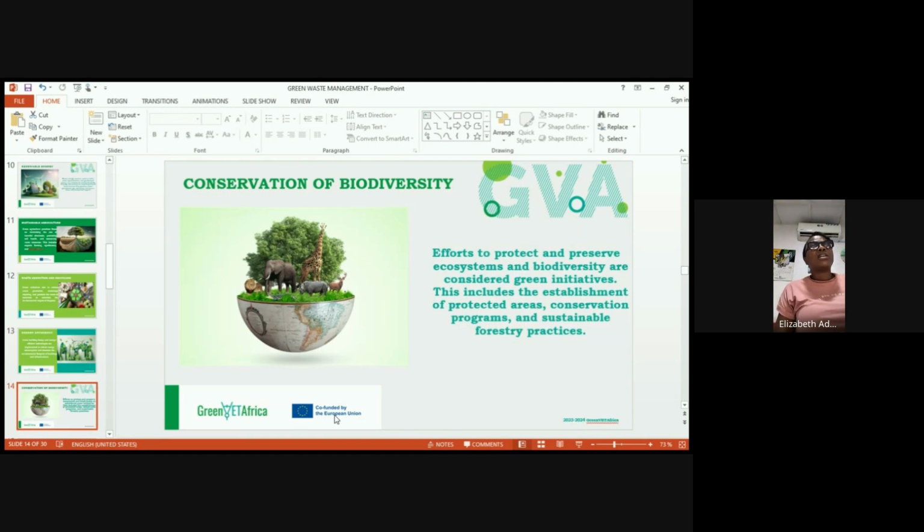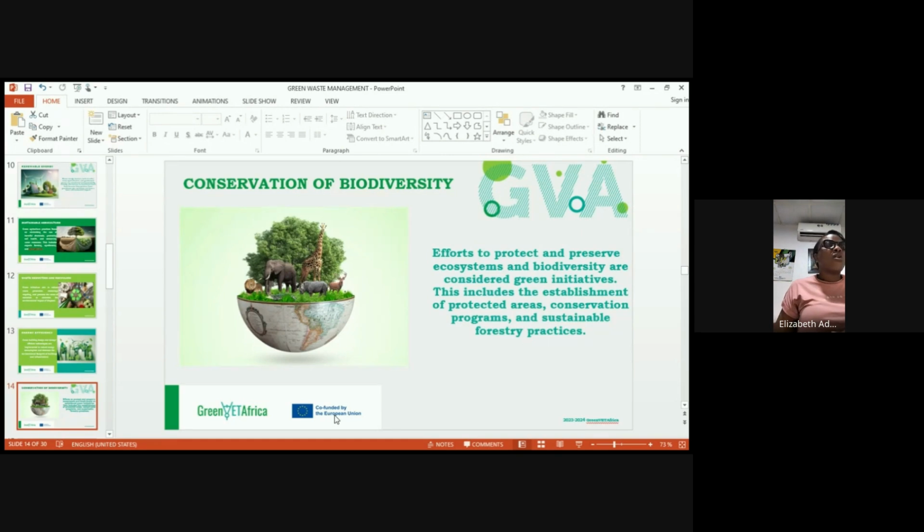Okay, so another thing we talk about in the environment sector is conservation of biodiversity. By biodiversity we mean that we have different life forms. We are human, and we have other life forms. We have the bacteria, the fungi, the trees, the shrubs, and these different animals you can see in the slide.